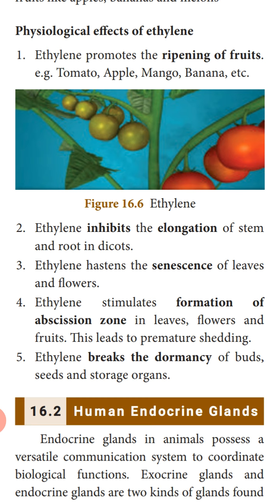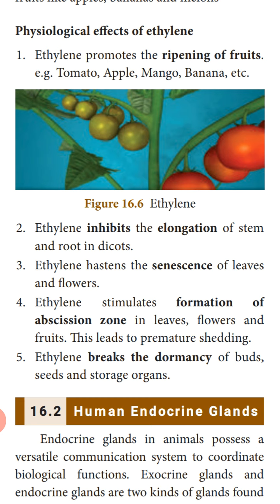Next, ethylene hastens, meaning fastens or speeds up, the senescence of leaves and flowers. Senescence we already studied. It is when, as the plant matures, the cells start losing their functions. So here again ethylene speeds up the process of senescence of leaves and flowers.